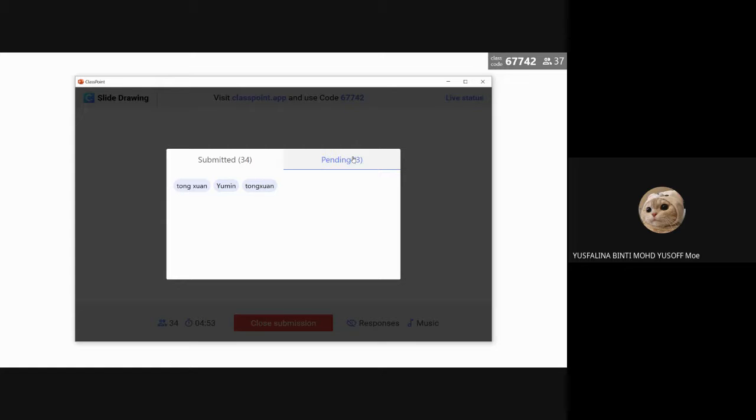Wait, teacher, I cannot control my mouse. Yeah, I know it's hard to draw using a mouse. It's okay as long as I know which part the wavelength is longer, and which one is shorter. It's okay. Okay, we wait for Yumin, then I will close.